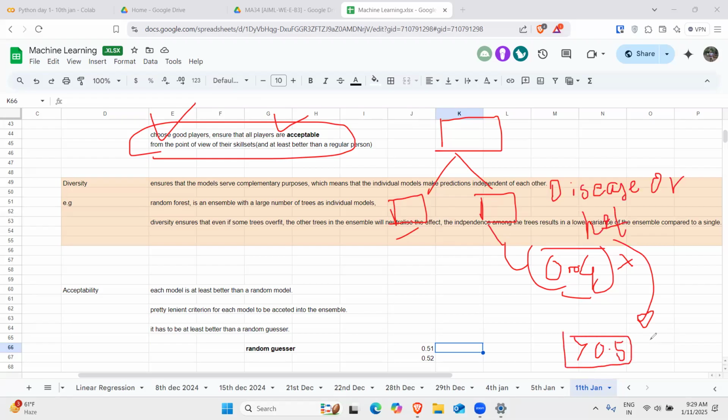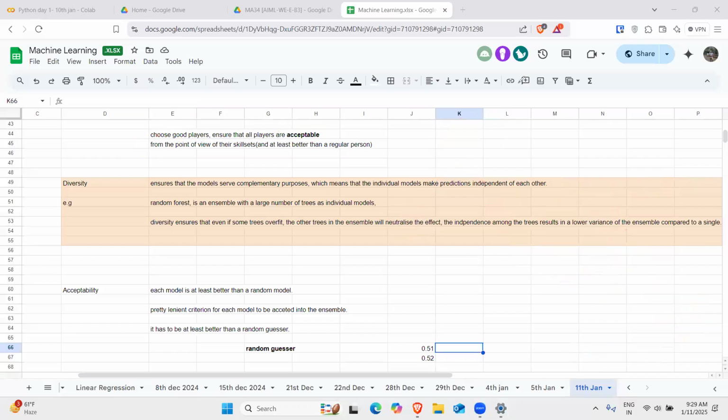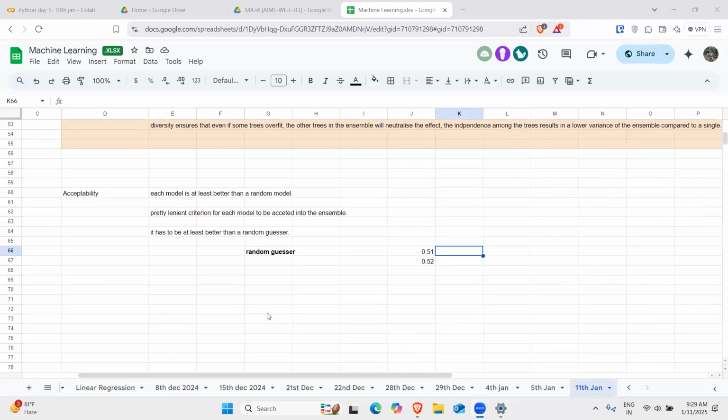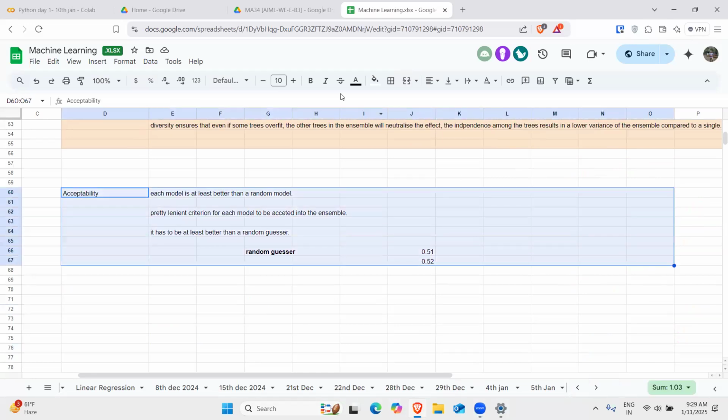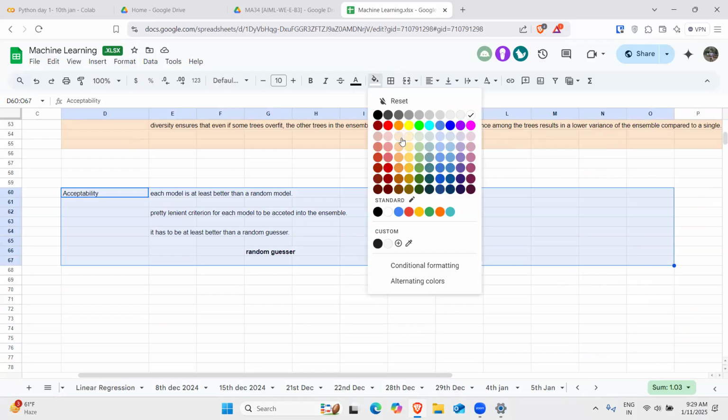Somewhat greater than 0.5 is acceptable. Let's say 0.6, 0.51, 0.52 accuracy or probability of classifying into disease or not disease, at least greater than 0.5. So that is another scenario of a random guess, right?